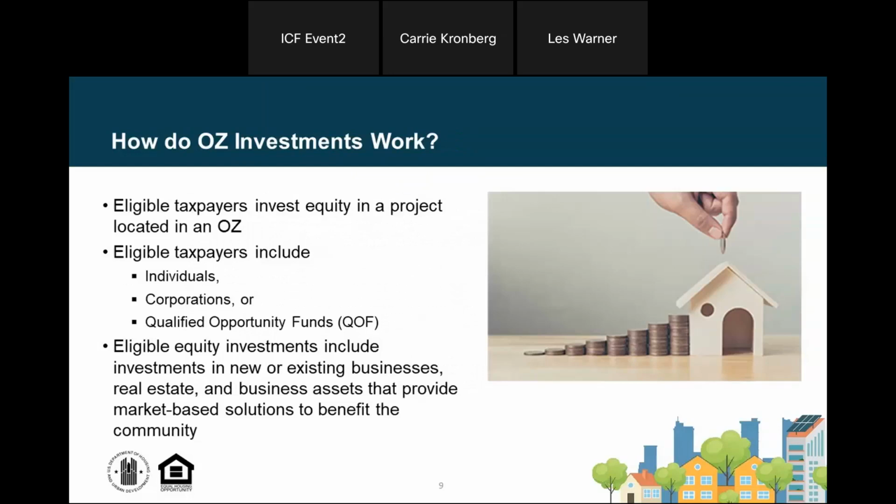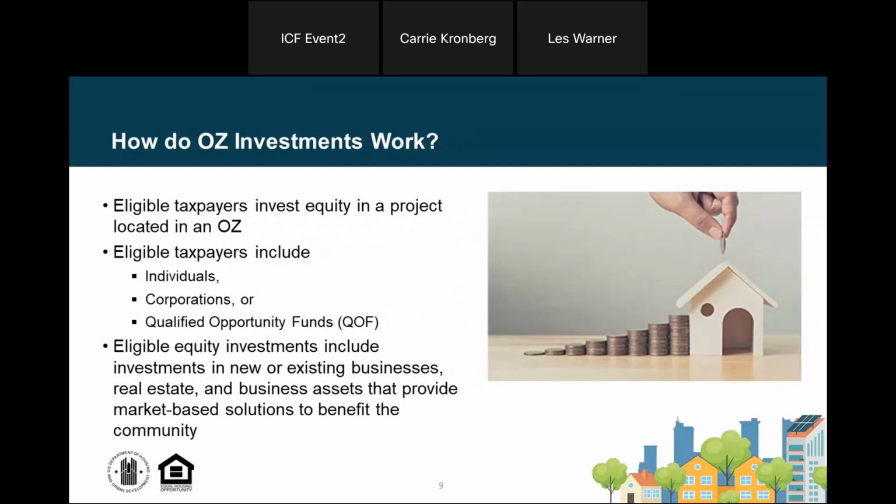The way that an opportunity zone will work: an eligible taxpayer that's experienced a capital gain invests in a project located within that opportunity zone.